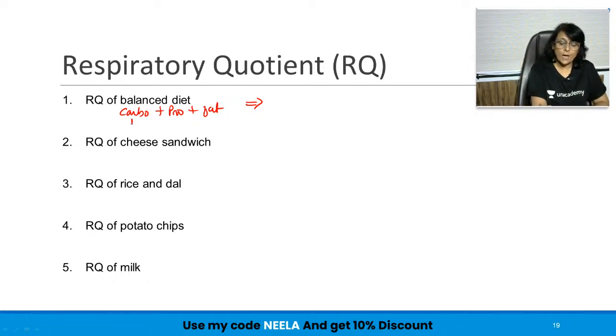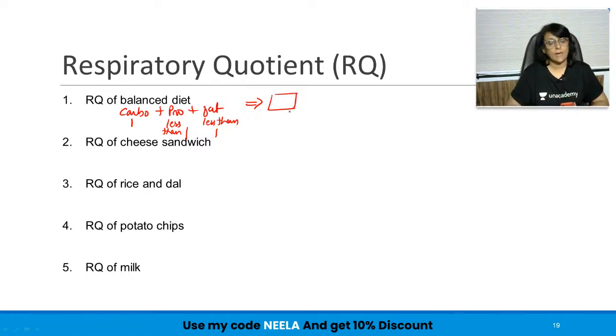We know RQ of carbohydrate is 1. RQ of protein is less than 1, and RQ of fat is also less than 1. So what will be the RQ of the complete balanced diet? RQ here is going to be less than 1.